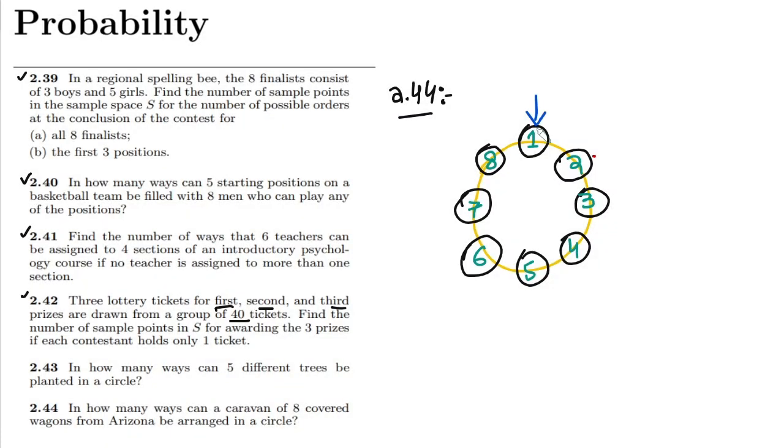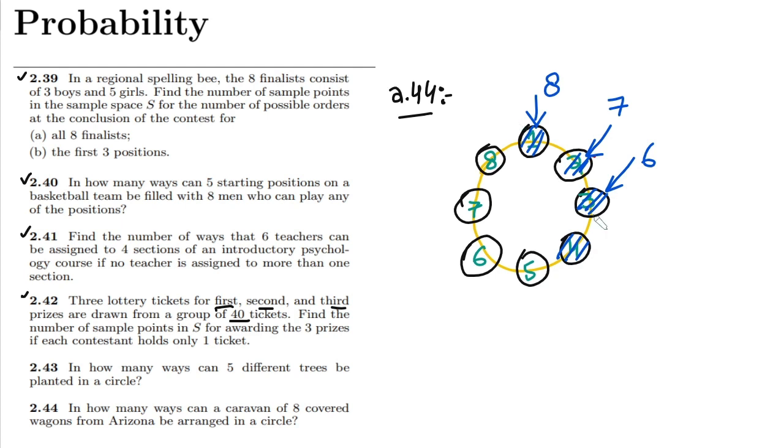For the first location, how many options would I have? Out of the total options, I will have 8 options, because I have to arrange all 8 of them in a circle. For the second position, when one has been occupied, I will have 7 options. When these two have been occupied, 8 minus 2 will be 6, so I will have 6 options.